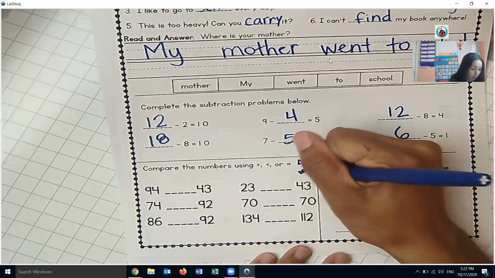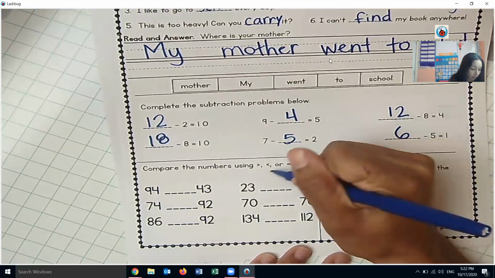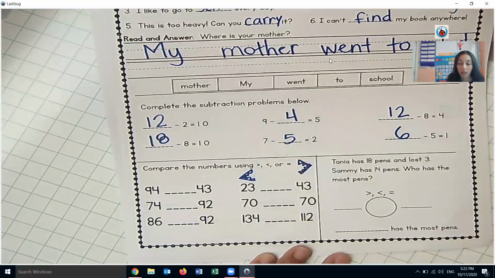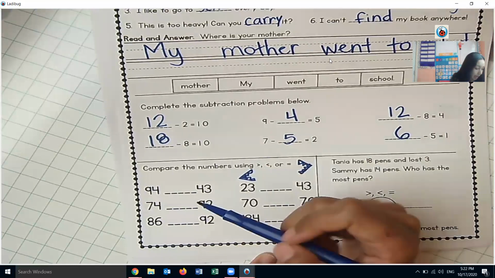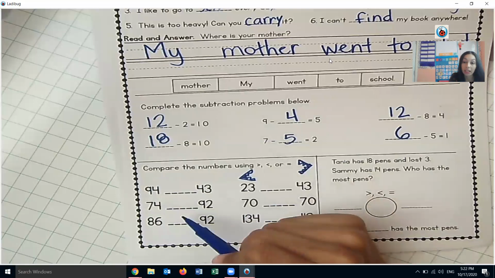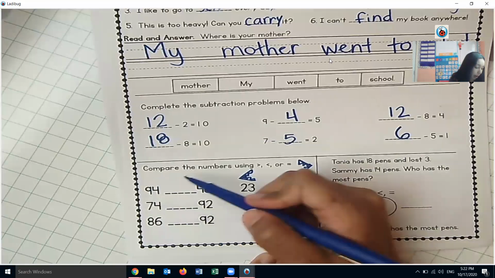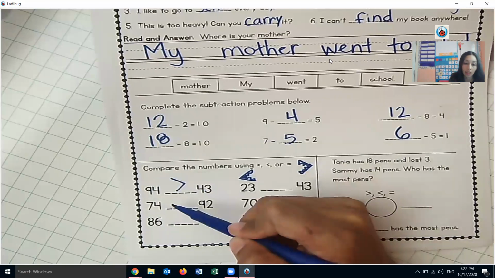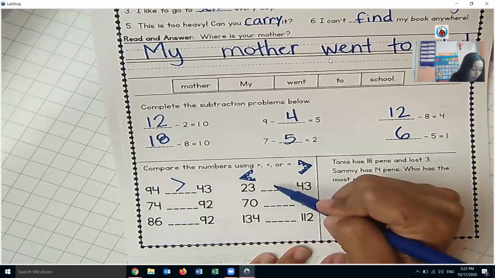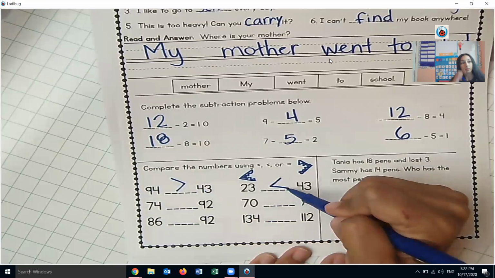And we always want those alligator mouths open to the big number because it's so hungry, it will always open up to the bigger number. So 94 and 43, I'm going to look at the numbers, and I know that 94 is bigger, so my mouth is going to open to 94. But between 23 and 43, 43 is bigger.